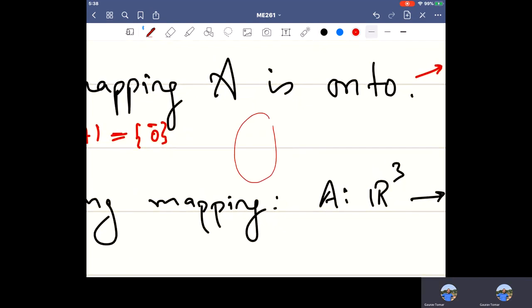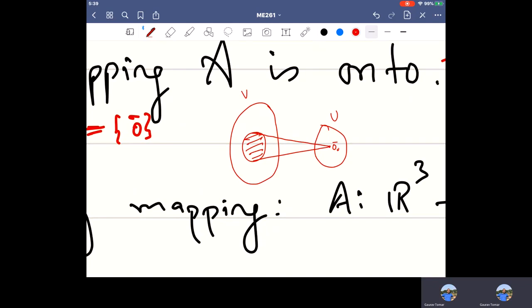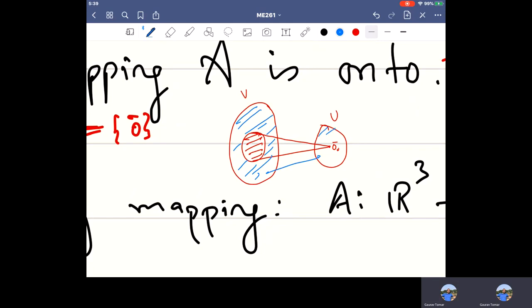So you can have a bigger set V and a smaller set U, and then you're mapping some of the vectors of V to 0 of U. And the remaining vectors are getting mapped to the other vectors in U, and so U is essentially the range of A. So your kernel space can be bigger than 0, so k can still be greater than or equal to 0.